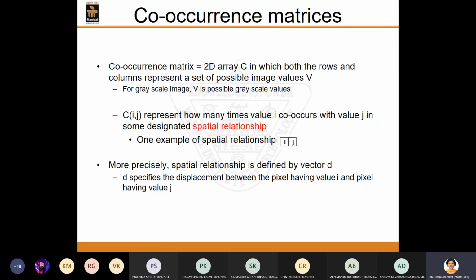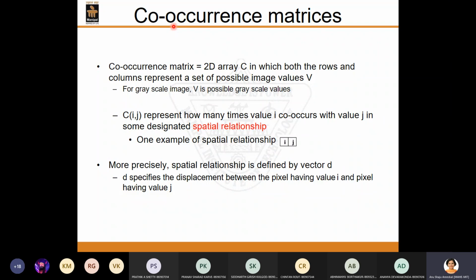Okay, coming to GLCM. GLCM stands for Gray Level Co-Occurrence Matrix, and co-occurrence, as the name says, it tries to measure how many times two pixel intensities occur together in the given image.